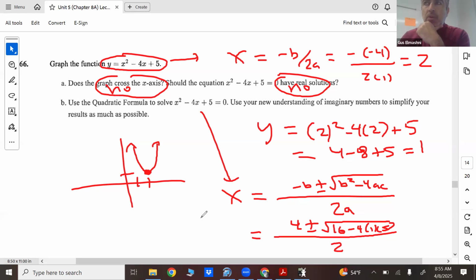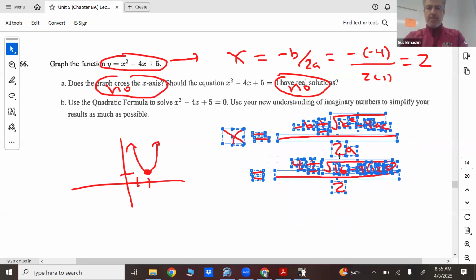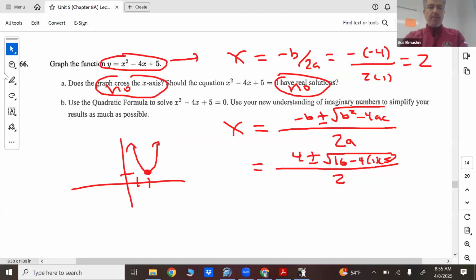All right. If you work this out, you should get 4. Let me clear some space because I'm running out of space here. Okay. So let me shift this. Awesome. Here we go. Okay, guys. John, why don't you help me out here? All right. So what's inside the radical?